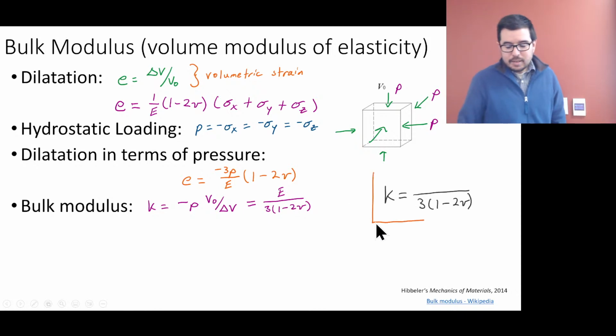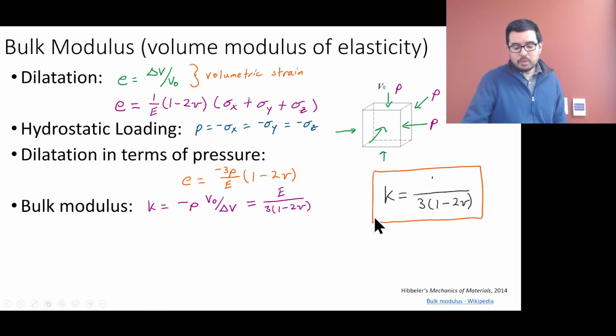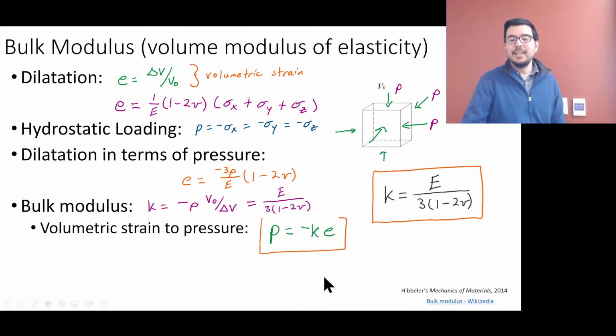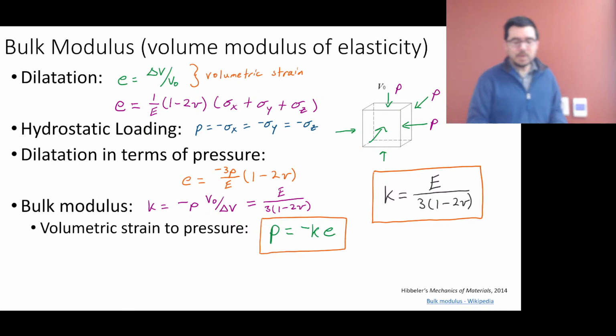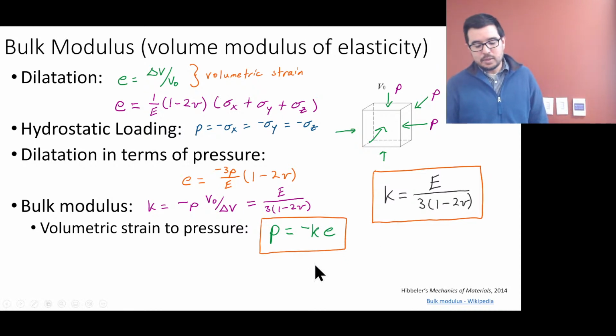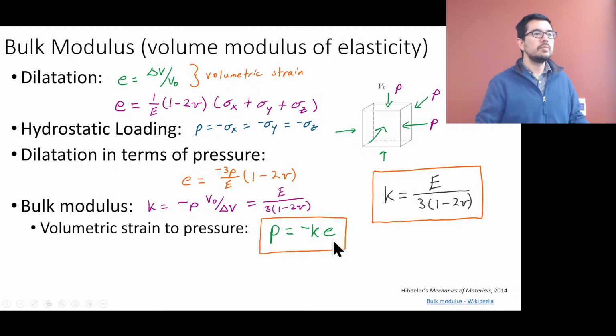So this is probably worth writing down, and the next one is almost useless without this one. So P is equal to minus K times the dilatation. This is almost like sigma is equal to E epsilon for Hooke's law, but now we're talking about pressure and volumetric strain. Any questions on this? No?